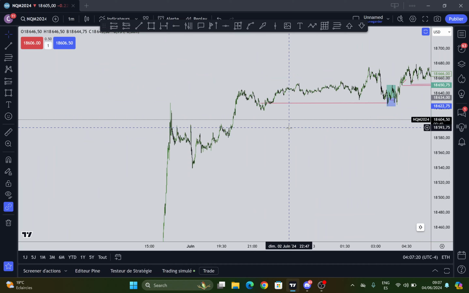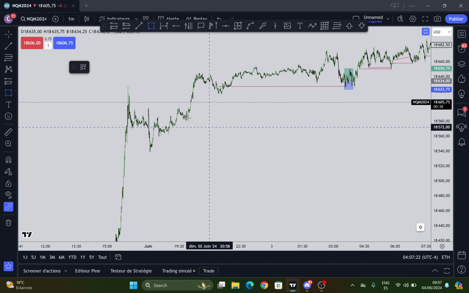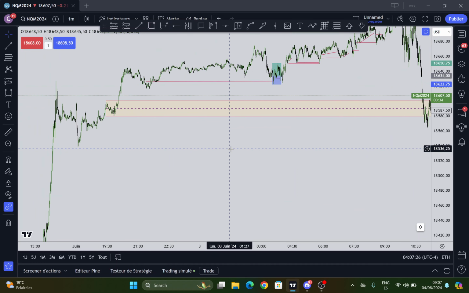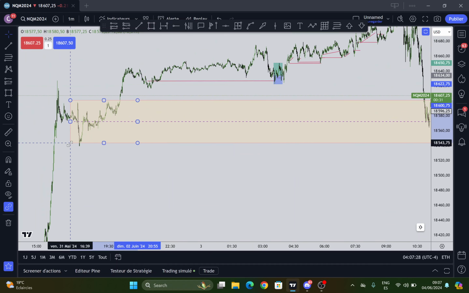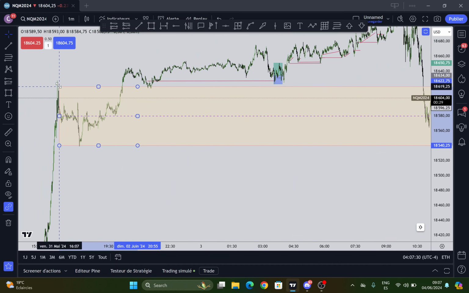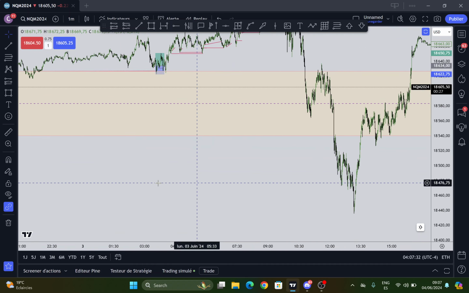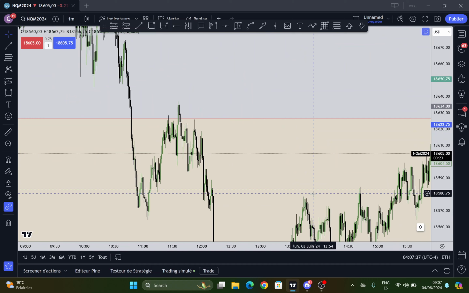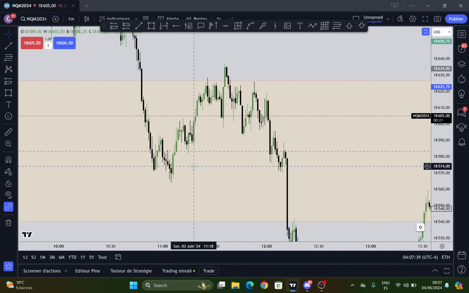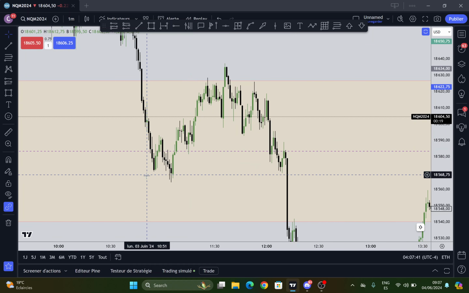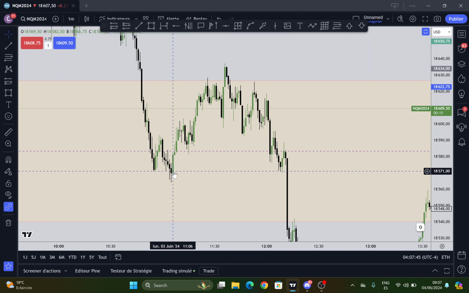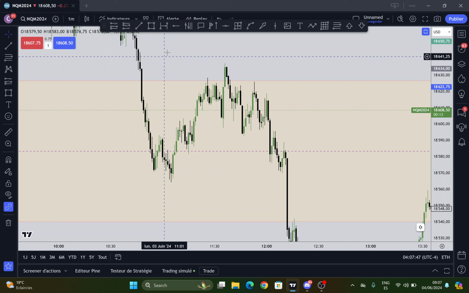And here we touched this little origin, right? Or it was this origin on M12, this SNDR, sorry, right? We touched its 50% and we flipped bullish. So we had this zone, we closed under and we closed above.